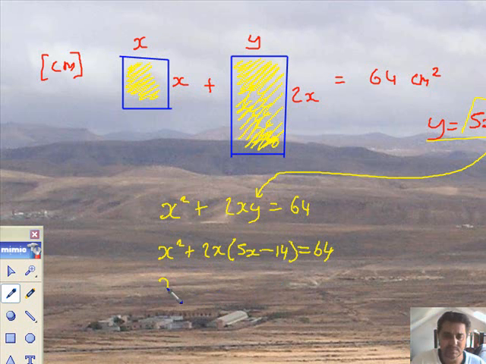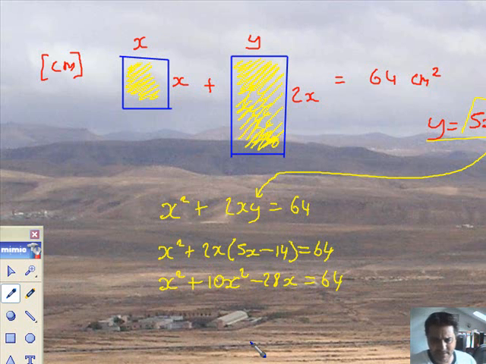So multiplying out then, I've got x squared on its own, 2x times 5x, that's going to be 10x squared, and then 2x times minus 14 is going to be minus 28x, all comes to 64. Alright, so tidy up a little bit. I've got 11x squared, and then minus 28x. Let's subtract the 64, bring it over to this side, and now that equals 0.